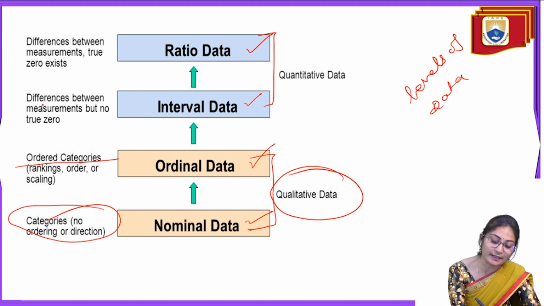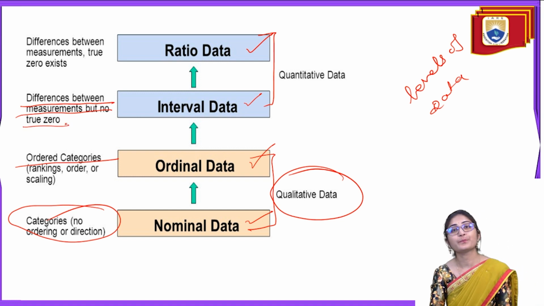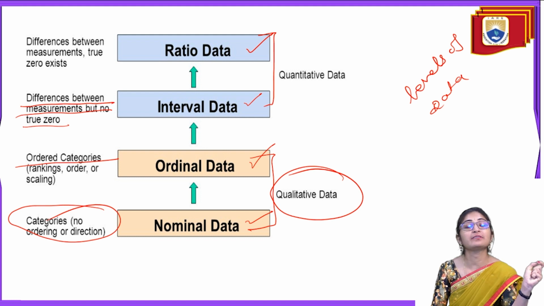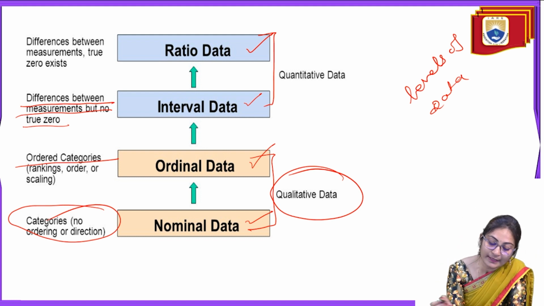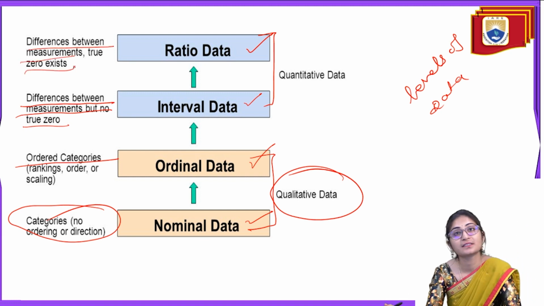Then interval data: difference between the measurements but no true zero. It will show the difference between the measurements, but it will not contain a zero. Then ratio data: difference between the measurements, and a true zero exists.